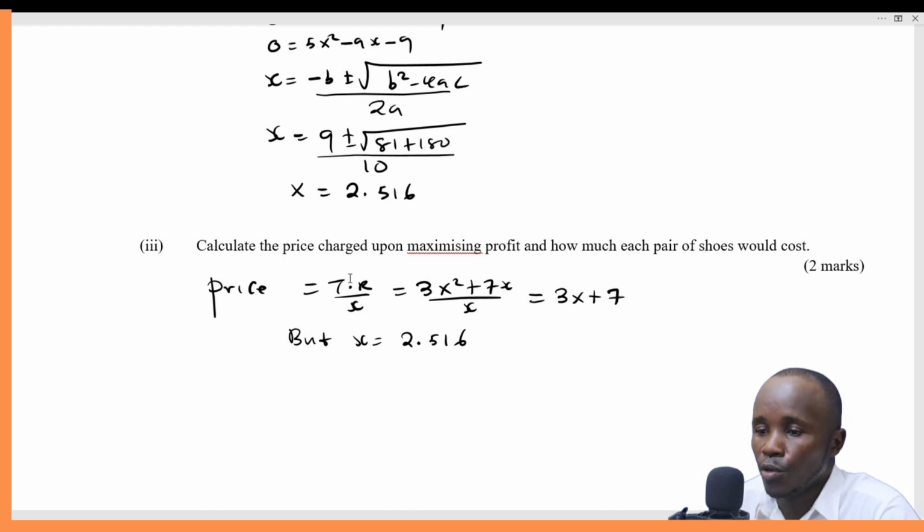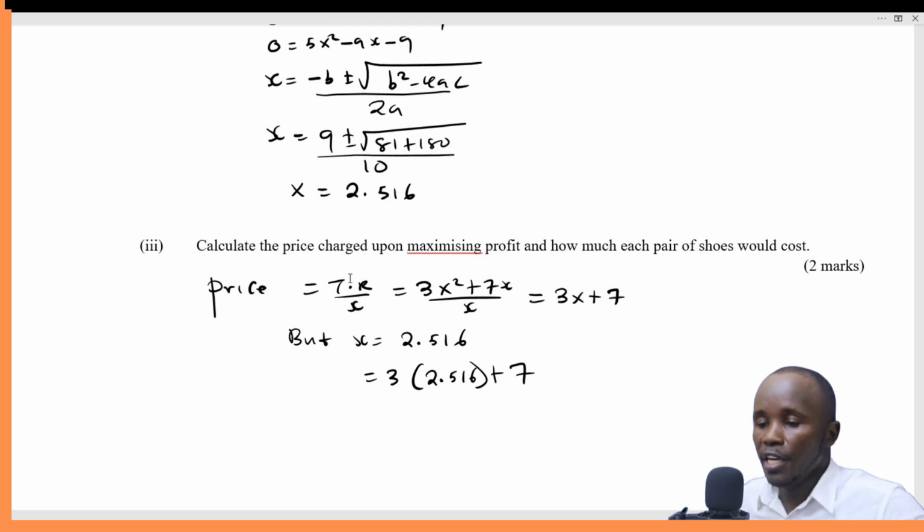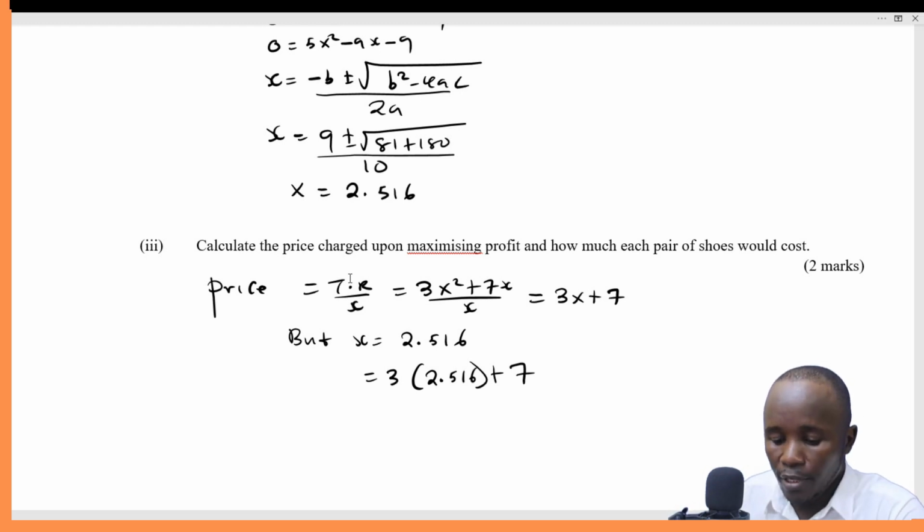So your price becomes 3 into 2.516 plus 7. Let me use my calculator here so that I'm able to find it.